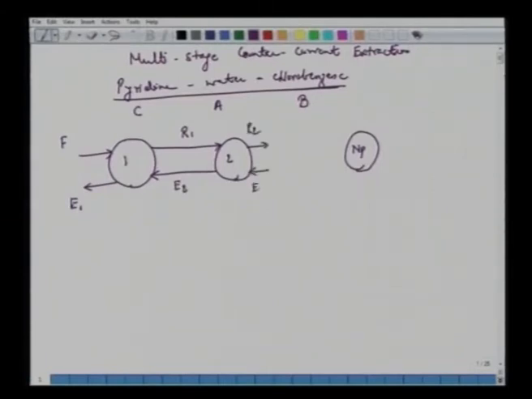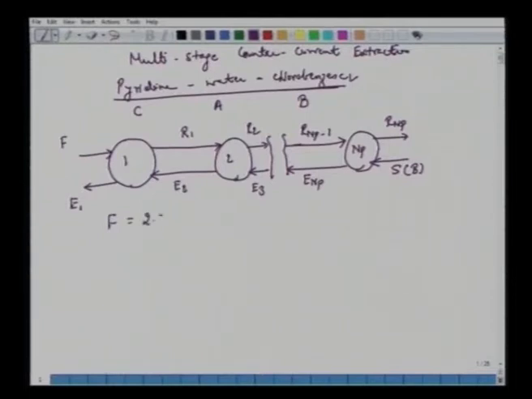Okay, and the problem statement says the flow rate of the feed is 2.25 kg per second, and the water and pyridine mixture contains pyridine, say 50% weight by weight. All right, and we have been asked to treat this feed using the solvent, pure chlorobenzene.